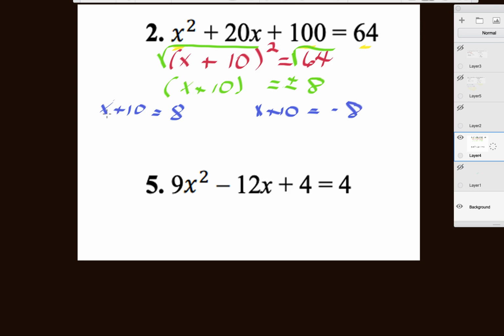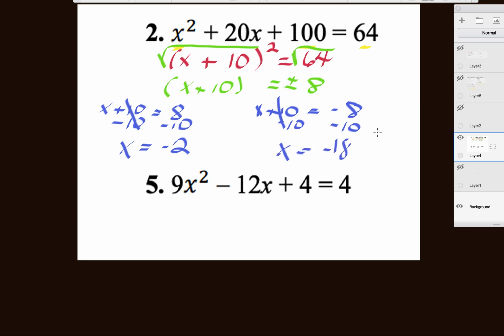All right, and get rid of the 10 here, so we subtract 10 from both sides. And that goes away, and then x is equal to negative 2. And just like the other one we did, we subtract 10 from both sides. That goes away. And x is equal to negative 18.